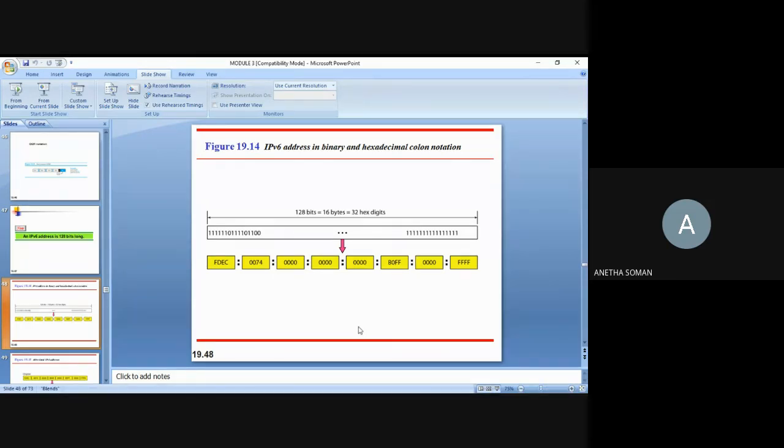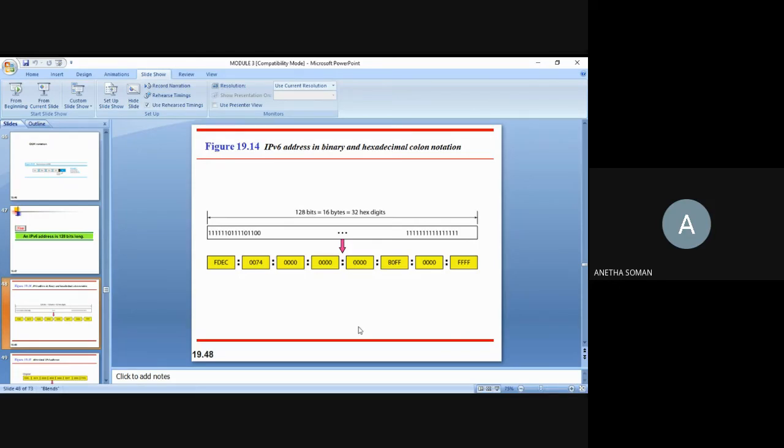So if it is like that, how many hexadecimal digits will be there in this? You will have 32 hex digits. If you have 128 bits, that is nothing but 16 bytes. So 1 byte is 8 bits long. That 8 bits, you can group into 2 hex digits. So the total is 32 hex digits. Okay, so the address consists of 32 hexadecimal digits with every 4 digits separated by a colon.